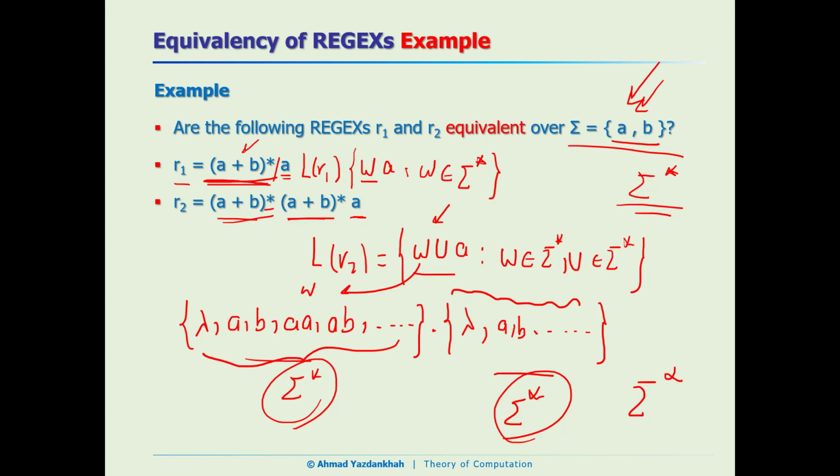So it means that I can replace these two with one of them. Okay, so if we do this, then WA, WA. So it means that R1 and R2 are representing the same language. So that's why we say they are equivalent.